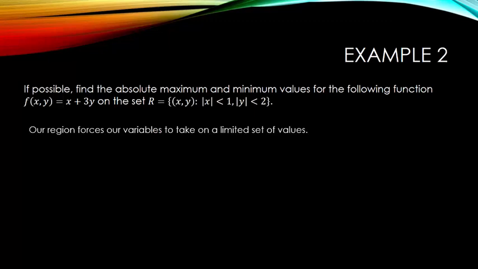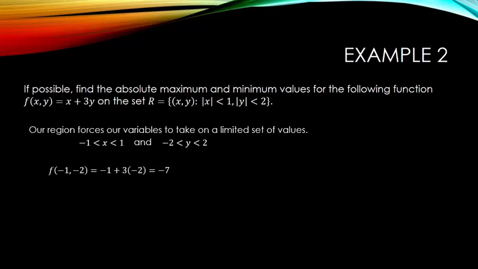Our region forces our variables to take on a limited set of values. My values for x will lie between -1 and 1, and my values for y will lie between -2 and 2. So I'm going to examine f of -1,-2, which is equal to -1 plus 3 times -2, or -7.